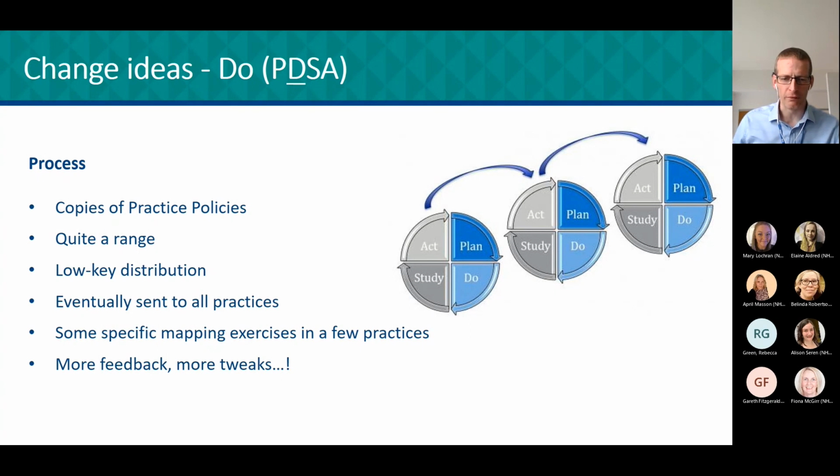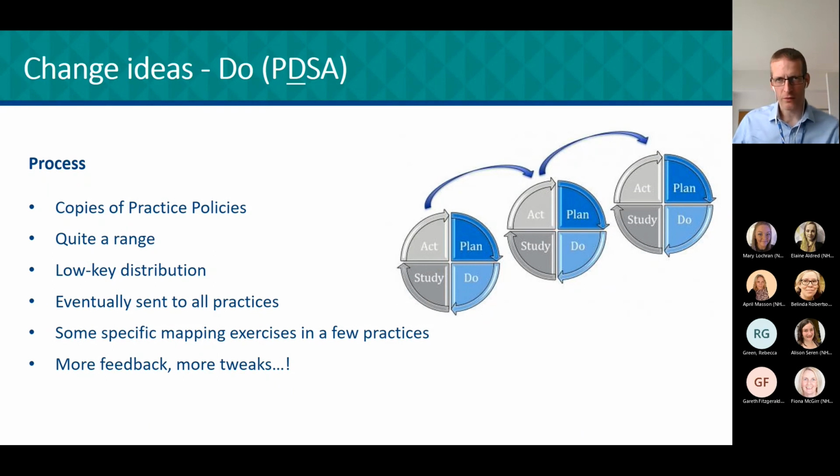We took what we considered the best one, the one that best suited our needs as pharmacists, or pharmacy team, taking on this project. And then we've adapted it slowly over time.